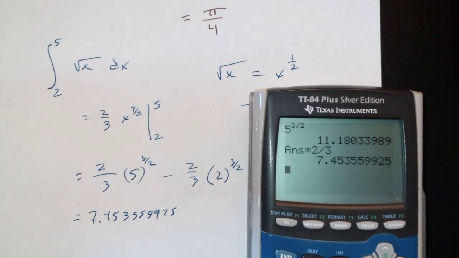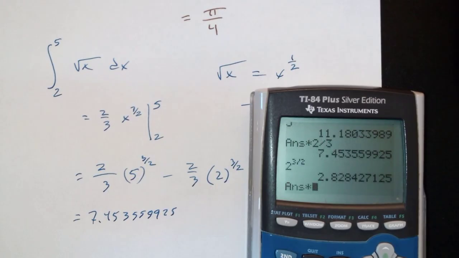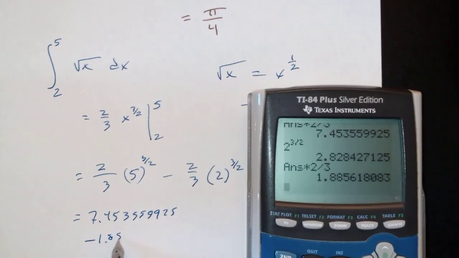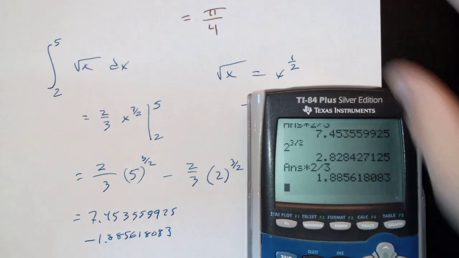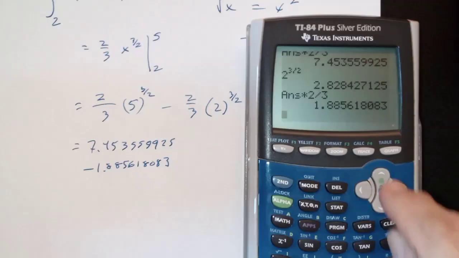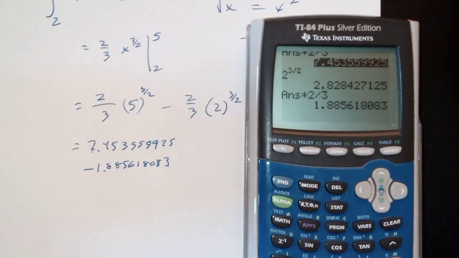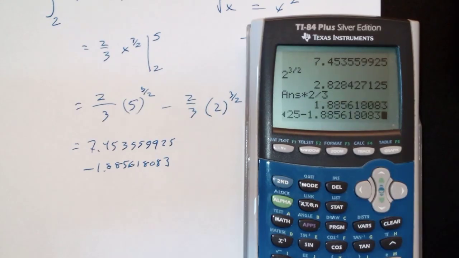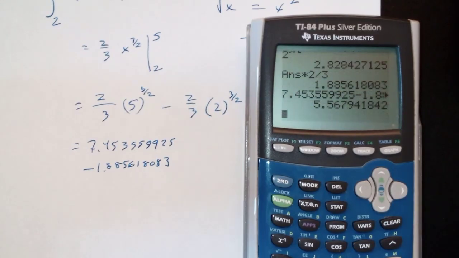I just ran out of decimal places on my calculator screen. 2 raised to the 3/2 power times 2/3. And now I can subtract those. I want to take this number up here and subtract this number right here. There's my answer as a decimal.